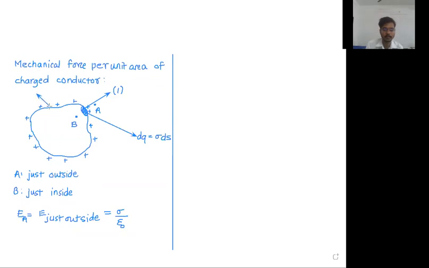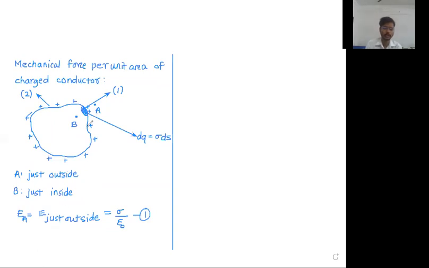Now the total electric field at point A is the addition of the electric fields of conductor 1 and the remaining conductor, conductor 2. By formula the total field at point A is sigma upon epsilon 0, and by logic it is the field due to the shaded portion plus the field due to the remaining conductor. Call this equation 1.